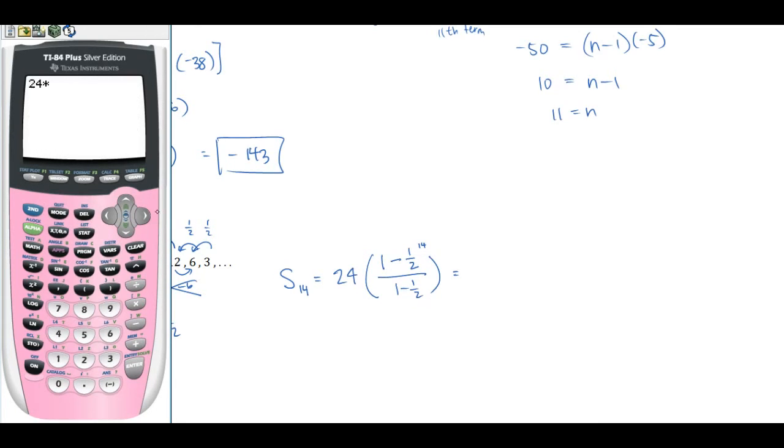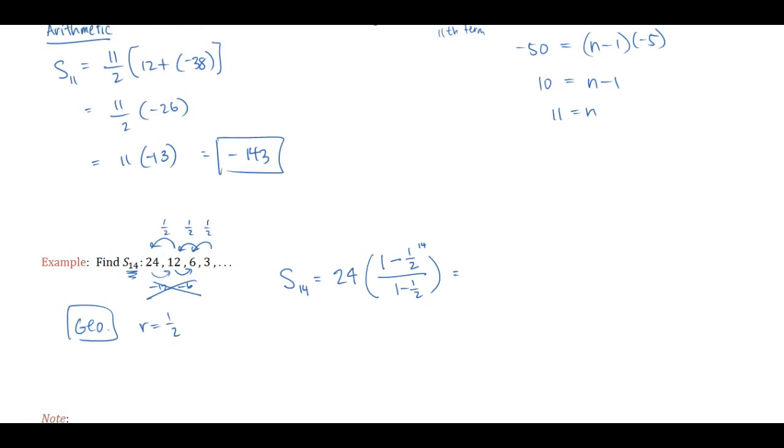My fraction, okay. 24 times alpha f1, all this work just to get the fraction button, which now I don't even want to use. 1 minus 0.5 to the 14th over 1 minus 0.5. And Sheila tells me it's about 47.997. So about 47.997. I should put squigglies here, huh? And then say, there's your sum of the first 14.